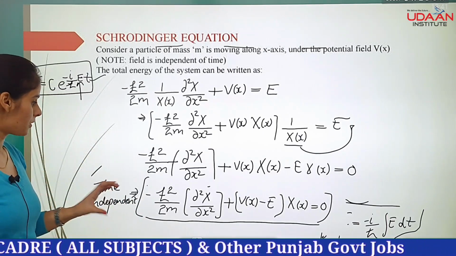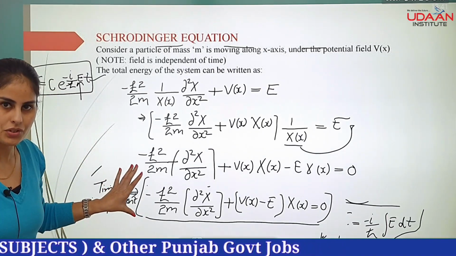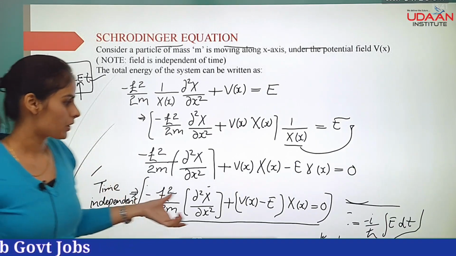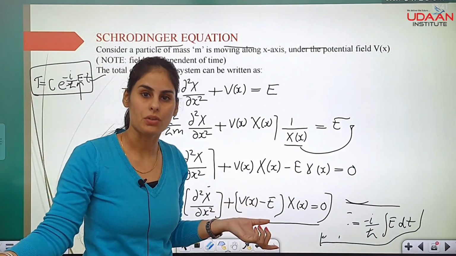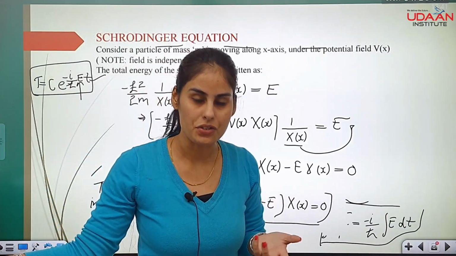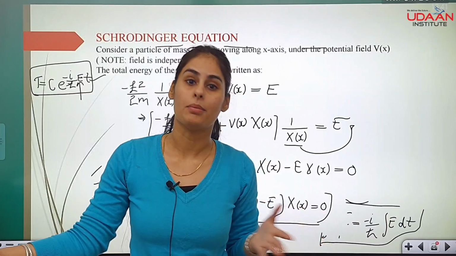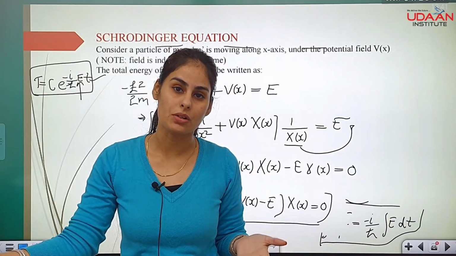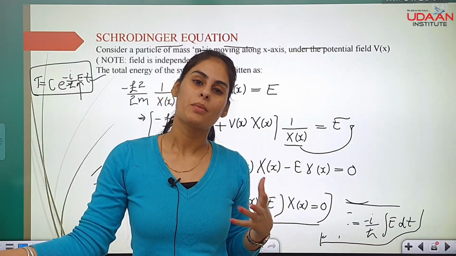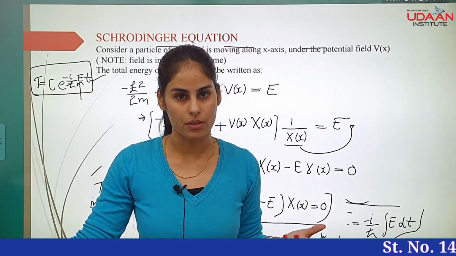So we are having two equations, the time independent Schrodinger wave equation and the time dependent one. These two equations we are going to use in future in order to find the energy of a particle, that can be in an infinite potential well, in a harmonic oscillator, and so many other quantum mechanical problems.